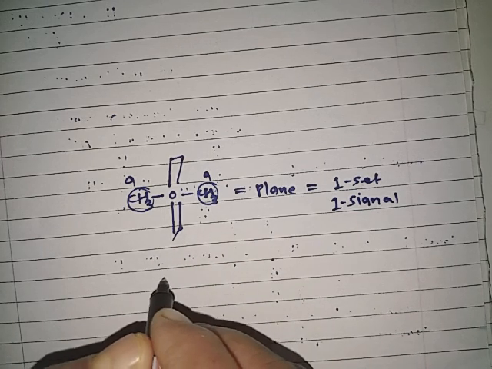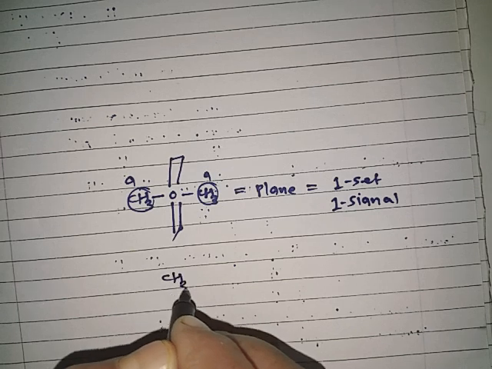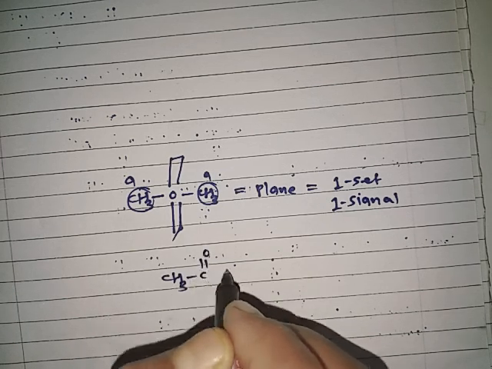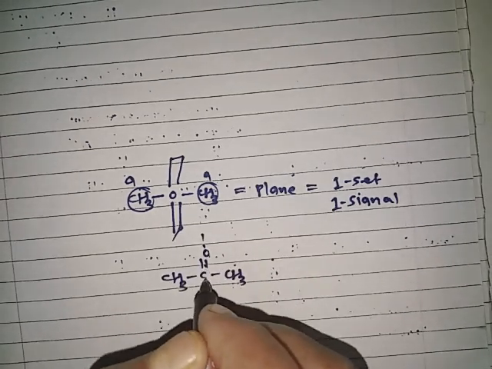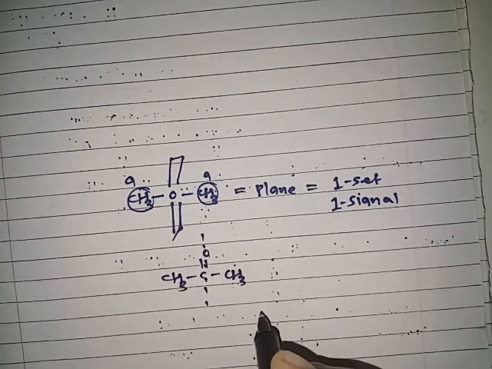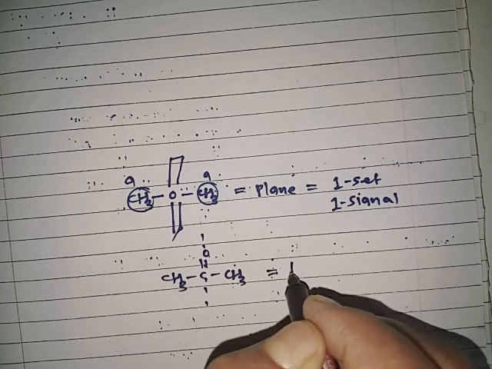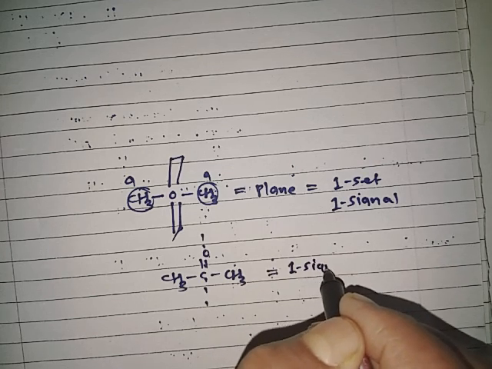Another example of a plane of symmetry is CH3COCH3, that is acetone. Here also you can see this molecule contains a plane of symmetry and it shows only one signal.